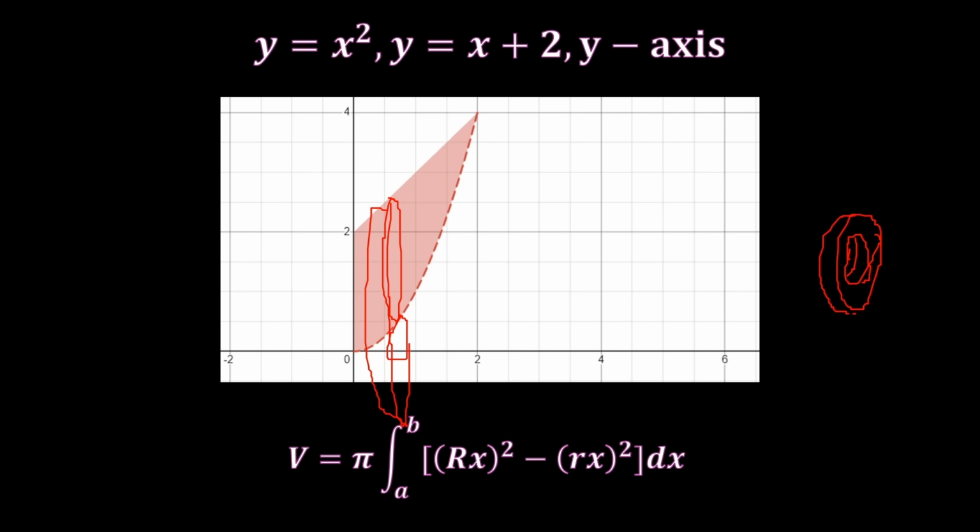So that's why we will be subtracting. This big R of x is the outer radius, that's using the uppermost function, minus the innermost radius, and that's this little area without a bound. That's the inner radius. So essentially, we're just finding the volume using the cylindrical disc, but it just has a hole, and we just have to subtract that.